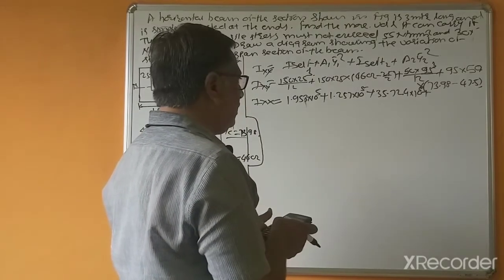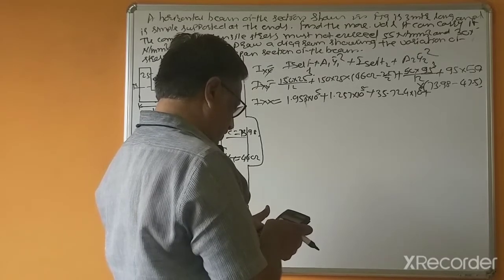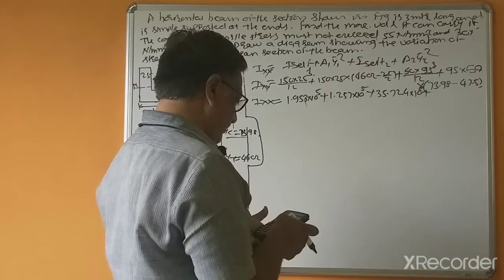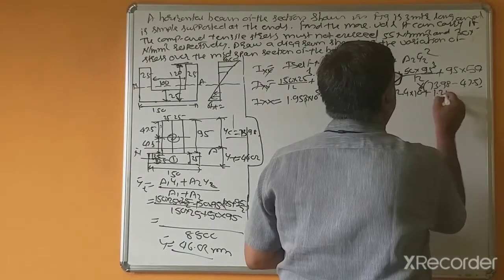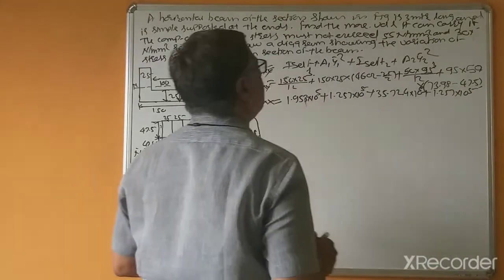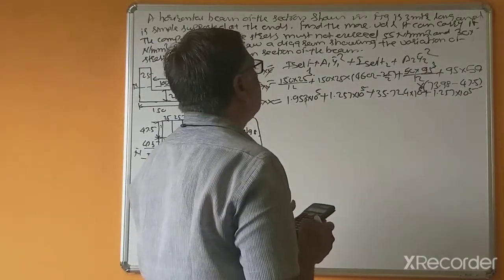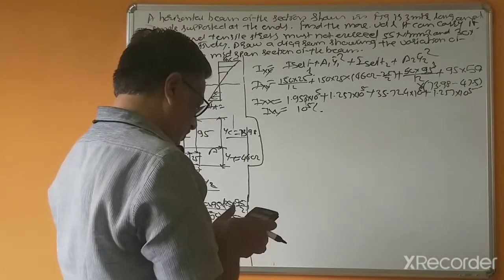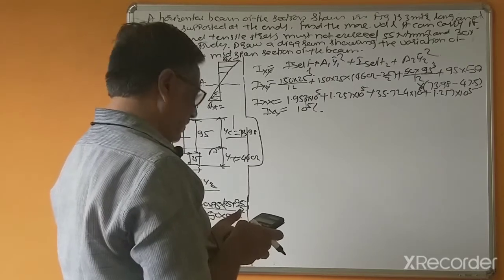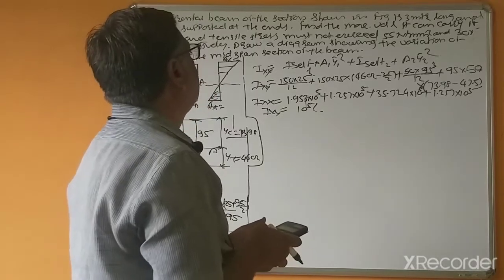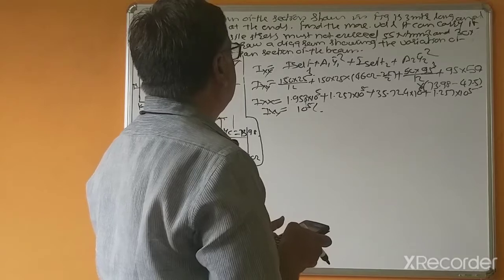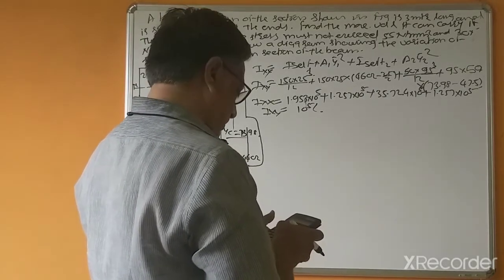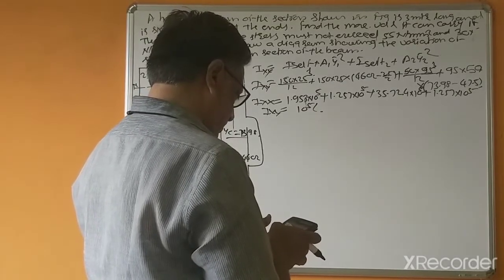Then 95 into 50 times 73.98 minus 47.5 square. So we take 10 to the power 5 common, multiplied by 2 plus 35.24 plus 0.35.